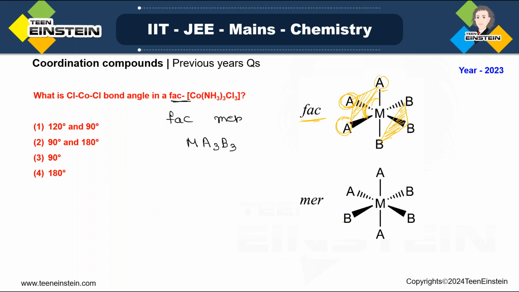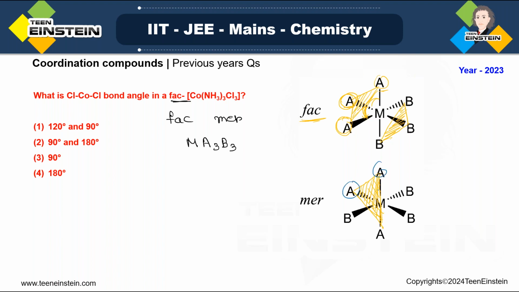And what is mer? Mer is basically the short form of meridional. See the difference. Here if you join these 3 A, you can also do it for B. Then the triangle that you get, this face, this plane, is as if cutting the octahedral geometry inside. So this is actually mer. Now in case of mer, there are two different types of angle.